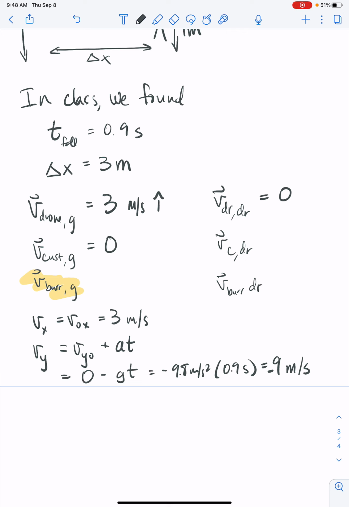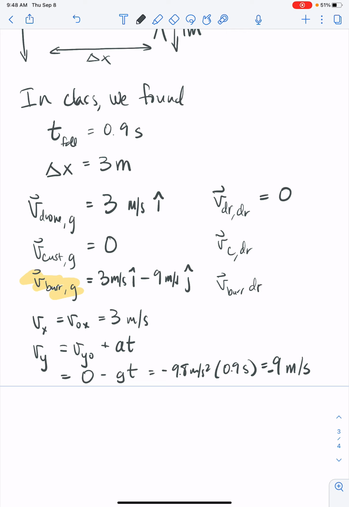Okay. So we can write this now as a vector, which is 3 meters per second i hat minus 9 meters per second j hat. Okay.